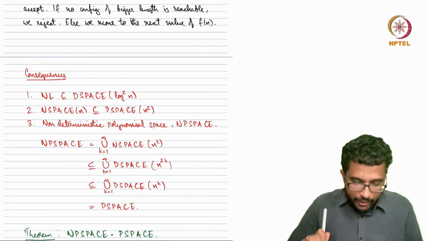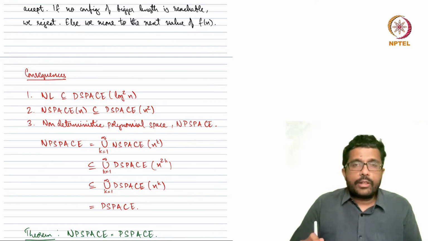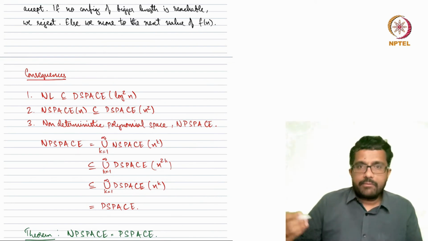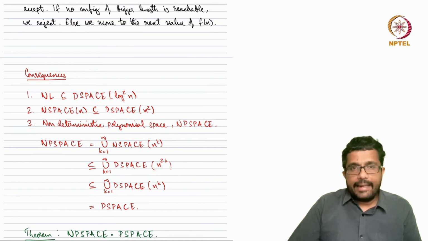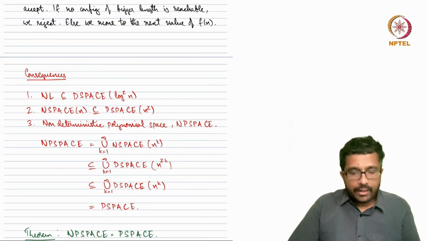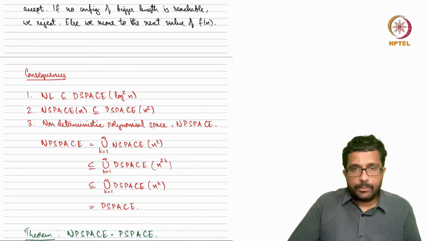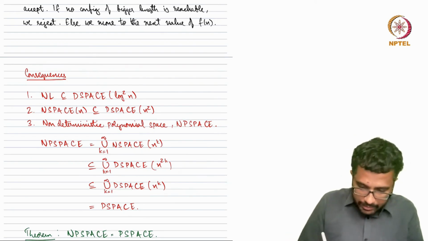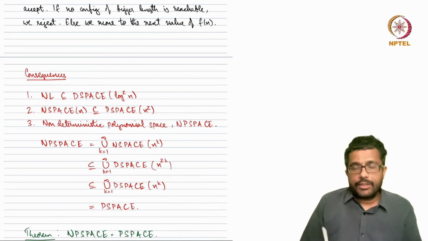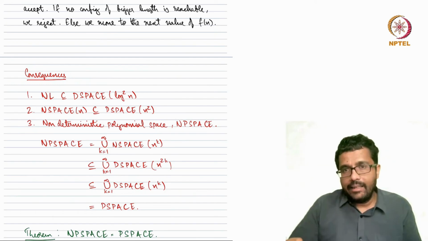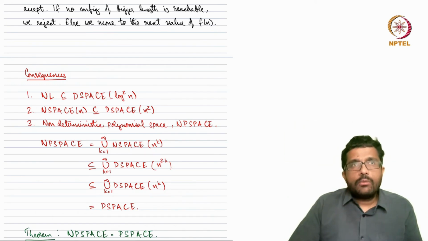And the third point is very interesting. If you recall, when I introduced some basic space complexity classes, I just defined three: L, which is log space; NL, which is non-deterministic log space; and PSPACE, which is polynomial space, right? PSPACE was defined to be the union over k equal to 1 to infinity of DSPACE(n^k). So I just defined three names: NL, L and PSPACE.